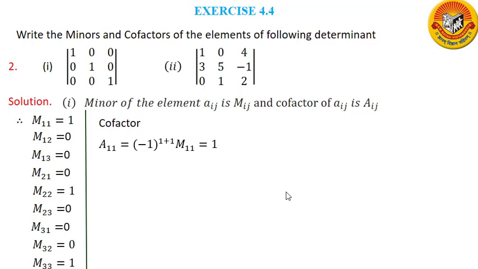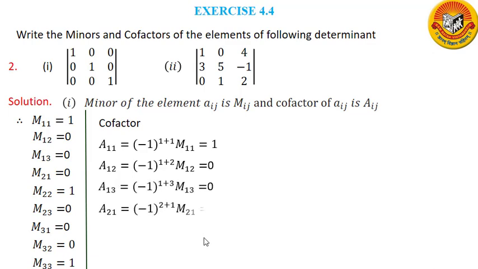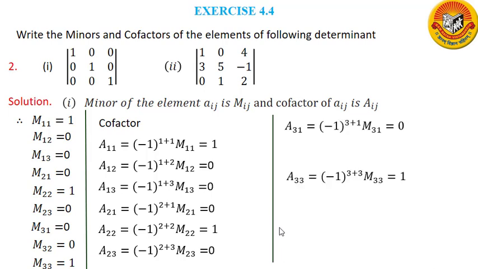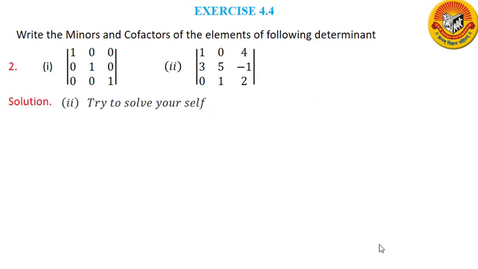So A11, A12, A13, A21, A22, A23, A31, A32 and A33 can all be found by multiplying the minors with minus 1 power i plus j. The second question you can solve yourself, and at the back of the book the answer is there. You can tally your answer and check whether you are doing it correctly.